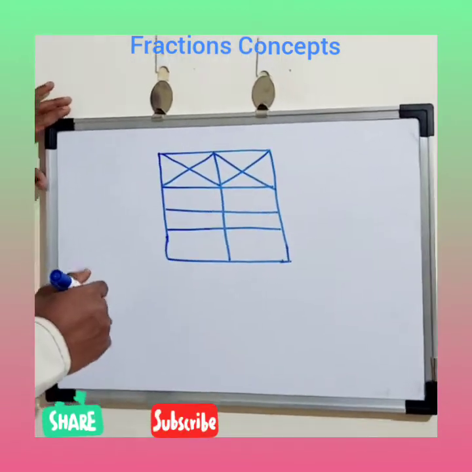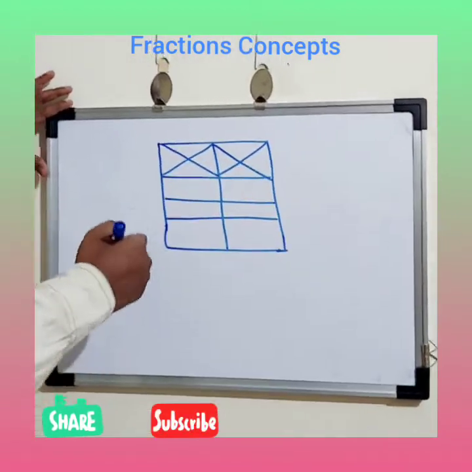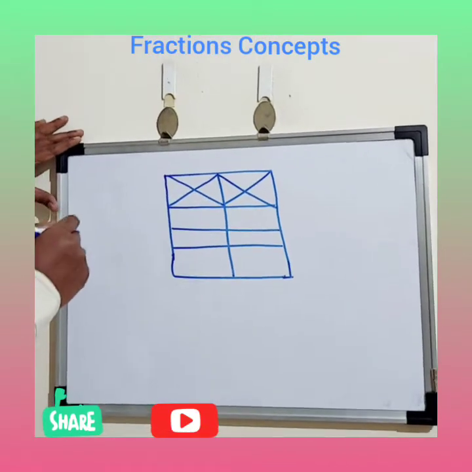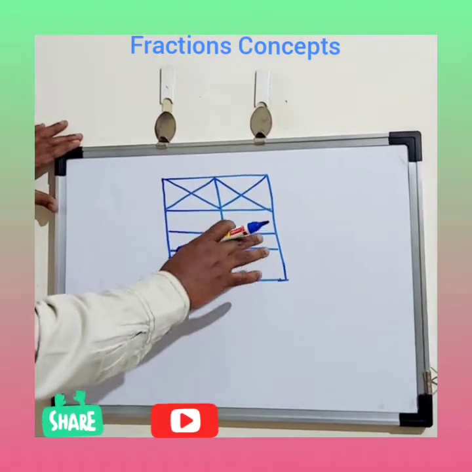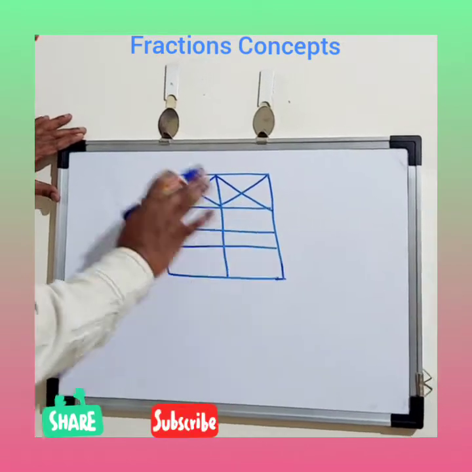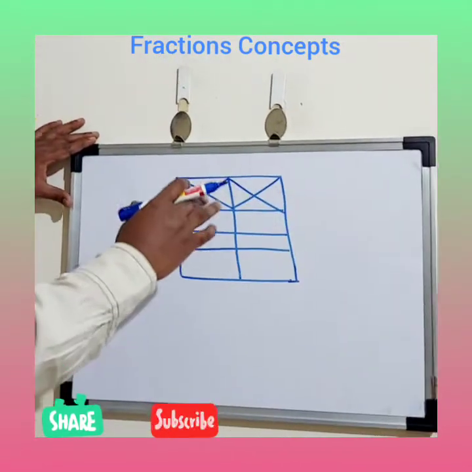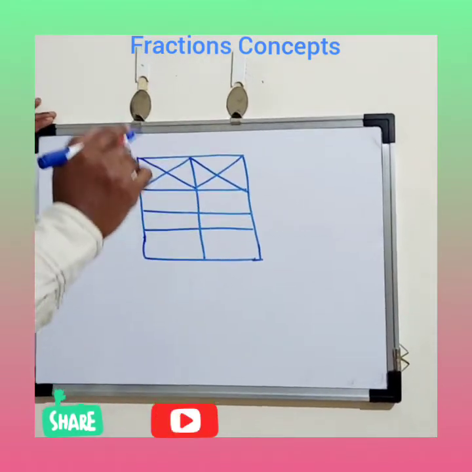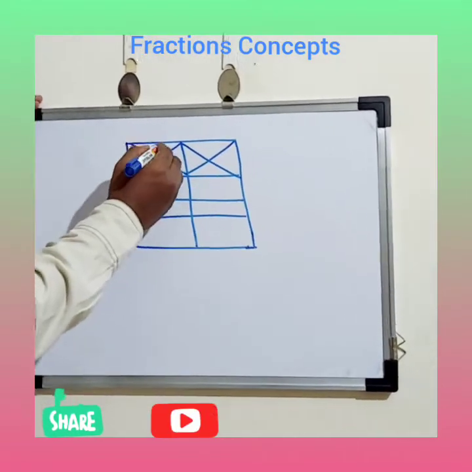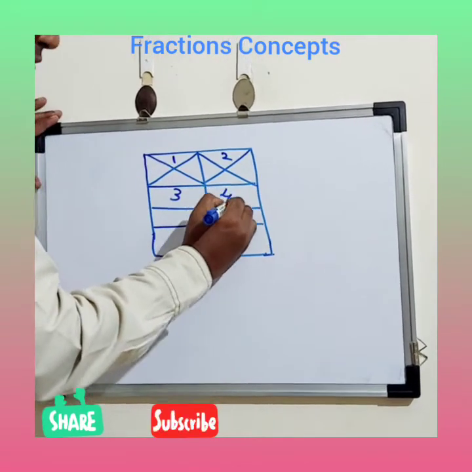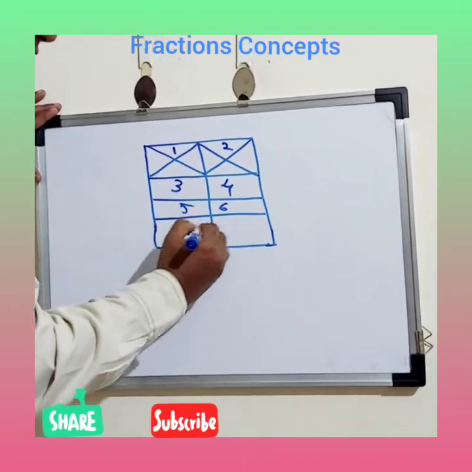If you want to shade 50% of the figure, how many more parts are to be shaded? Now we have only 8 parts, but in some critical exams there will be more parts. So the best way is to first number the parts given in the figure: 1 2 3 4 5 6 7 8.